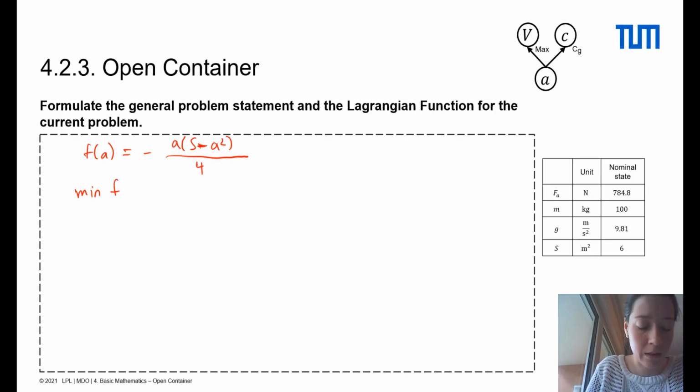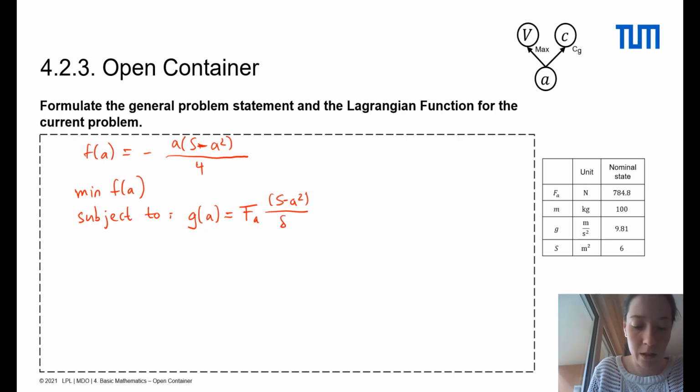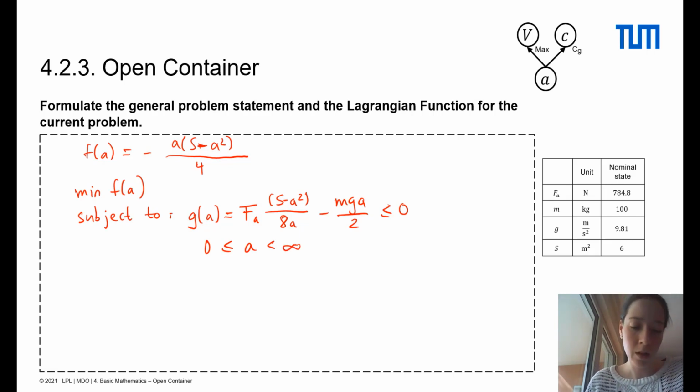We want to minimize f of A subject to g of A is fa s minus A squared over 8A minus mga over 2, smaller or equal than 0, and A has to be between 0 and infinity. And finally we can write down the Lagrangian function.